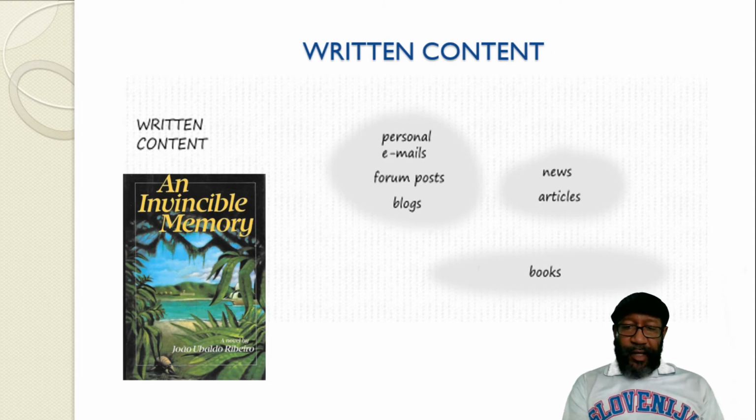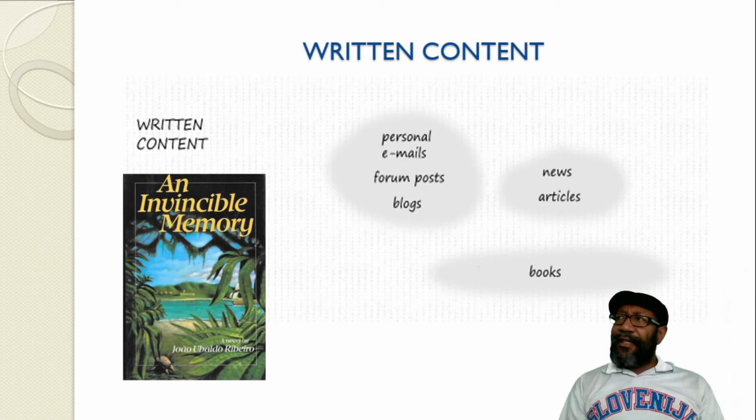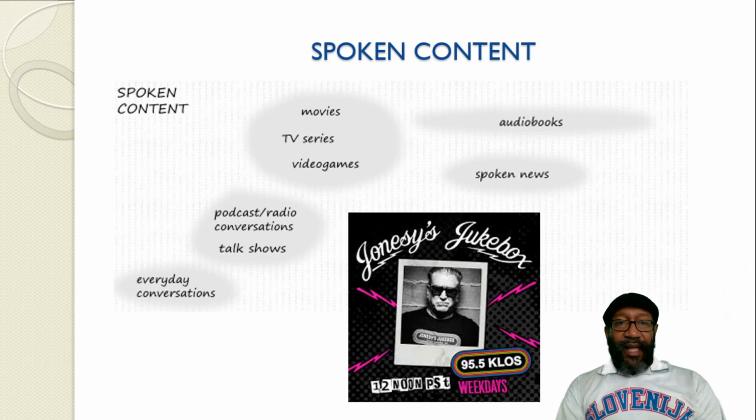I put this book here because he himself translated his own book. It's interesting because I don't remember any other writer who translated his own book, because translating is a really hard job to do.